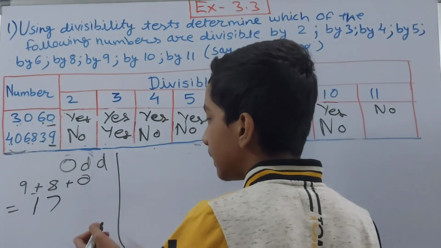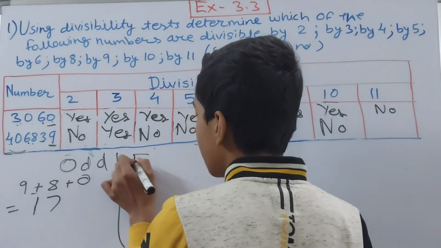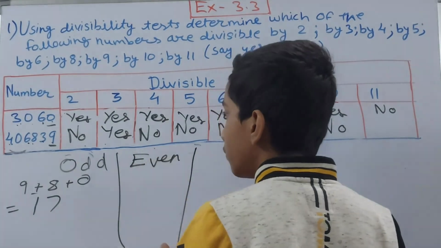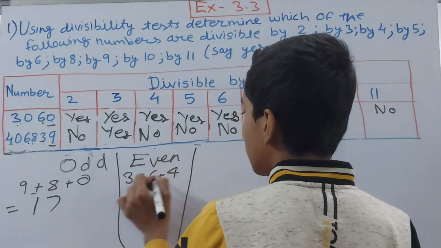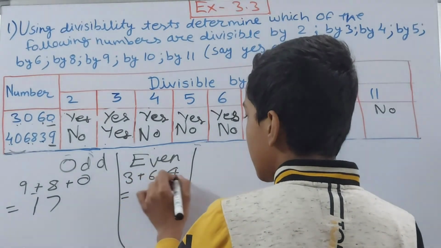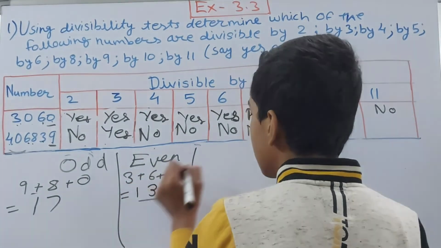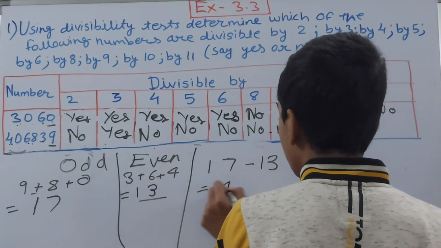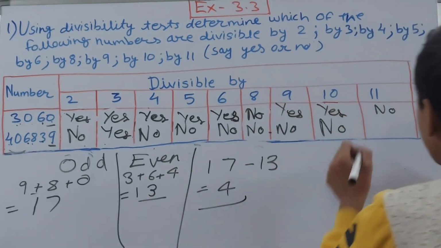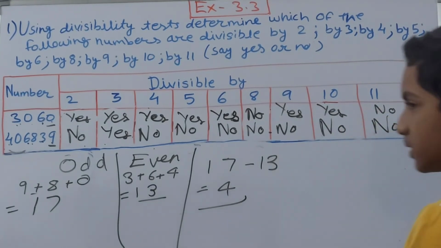And no need to add that 0. Now we have 17. Now at the even place we have 3 plus 6 plus 4. 3 plus 6, 9, plus 4, 13. 17 minus 13 is going to be 4. 4 is not a multiple of 11, so it is also not going to be divisible by 11.